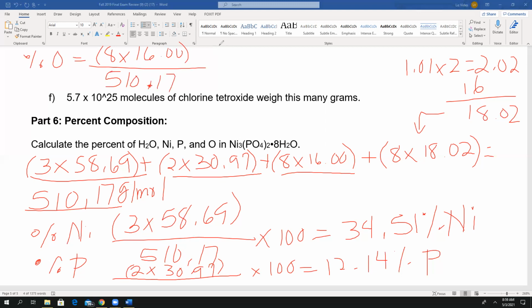Okay, so 8 times 16 divided by 510.17 gives me 25.09. Don't forget the times 100. 25.09% oxygen.